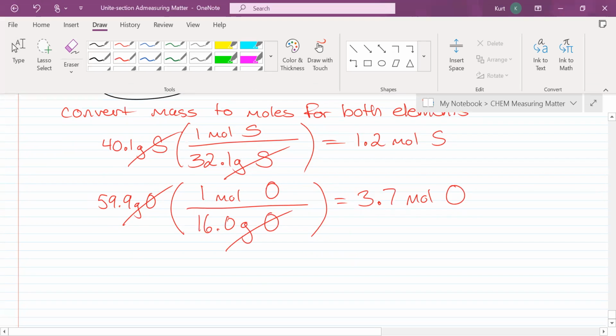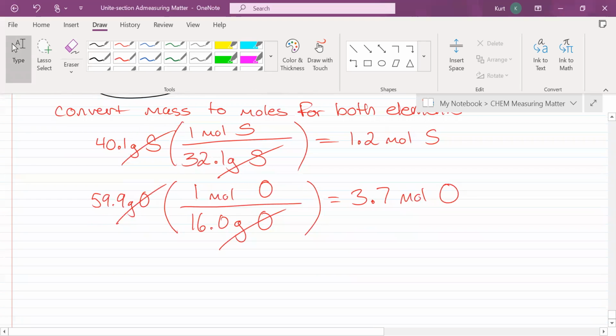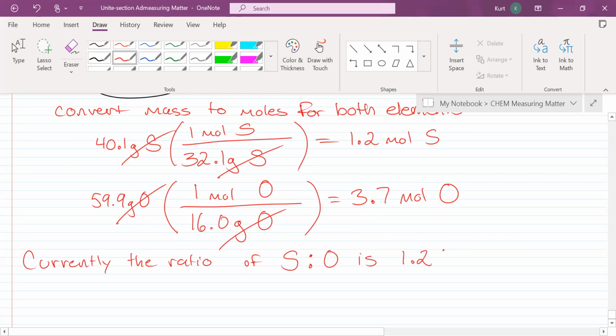Okay, the next step is currently your ratio of sulfur to oxygen is 1.2 to 3.7. That's the current ratio. We can't do that. They have to be whole numbers.